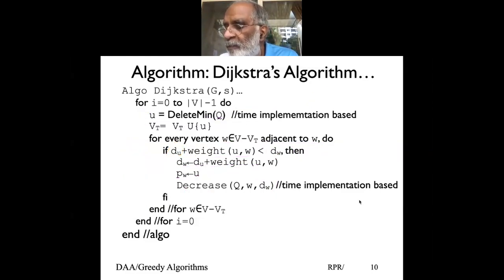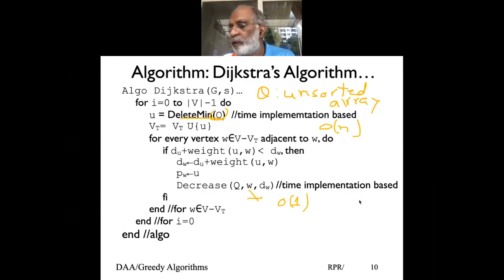Assuming we are maintaining this queue as an unsorted array, then finding min will take me order n time, but decrease key would take me order 1 time. And searching for this for the entire graph will take me order e time.